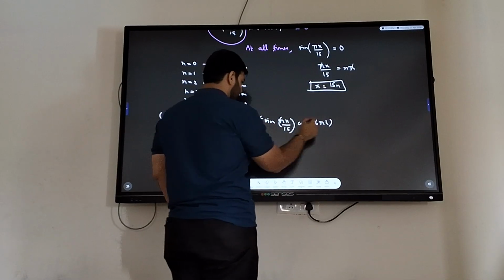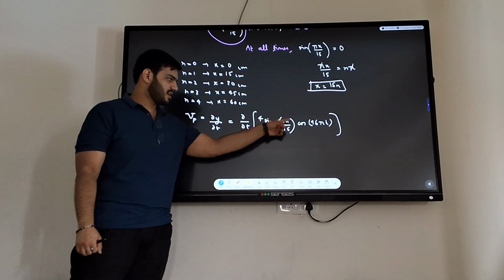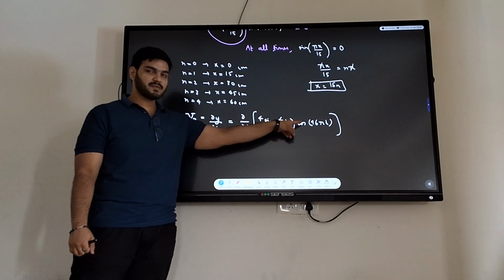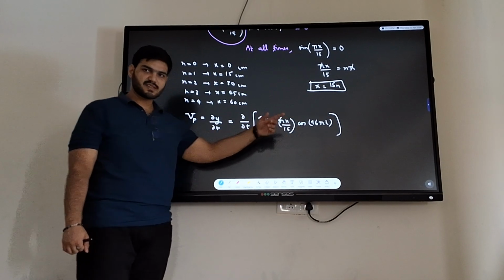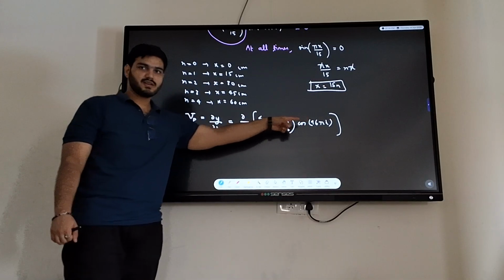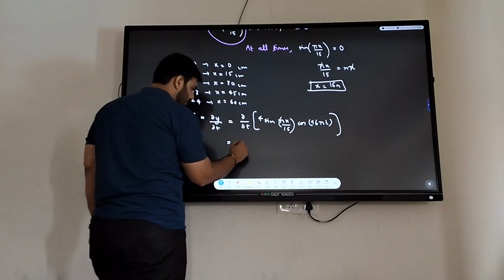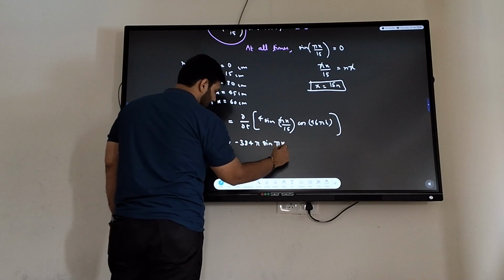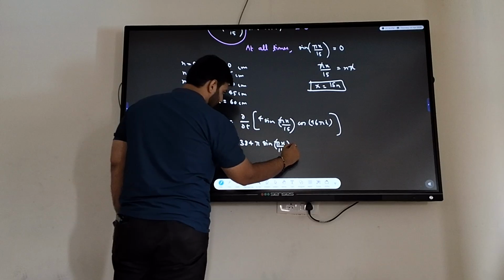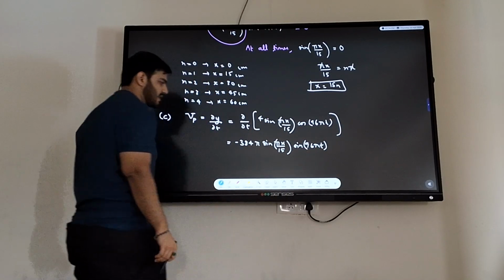Now if you look at it carefully, this is partial differentiation so it will not have any effect on this term, but what will the derivative of cos be? That's minus sin, there will be a chain, na? So 96 times 4 is what? 384 sin pi x by 15 sin 96 pi t.